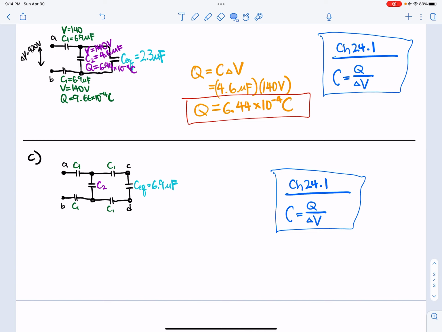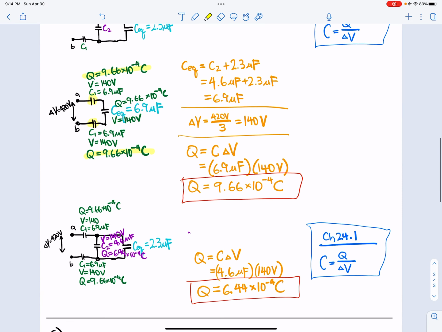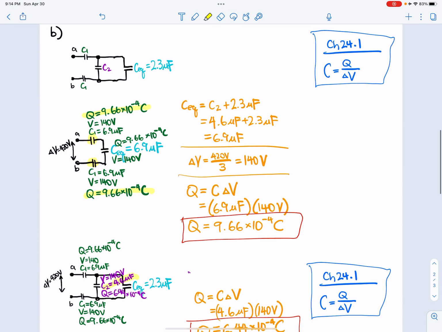And we want to know the voltage between point C and point D. I know that the voltage here is equal to 140 volts. This is from part B, right here.